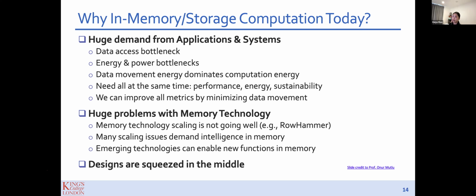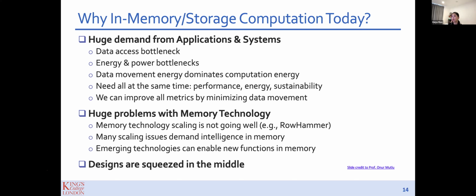First of all, it's the data access bottleneck, as I explained before, and also the energy and power bottlenecks, right? There is a lot of data movement, and data movement energy dominates the computation energy, because we have really advanced computing units, while at the same time the memory is not developing as fast as the processing units. This is also known as the memory wall.